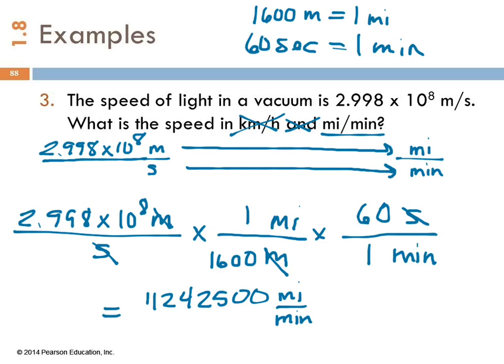Okay, how many sig figs should that have? Why 4? This number has 4. What about that conversion factor? It only has 2. Meters is metric, miles is English. Okay, and the way this is written, those are ambiguous zeros.